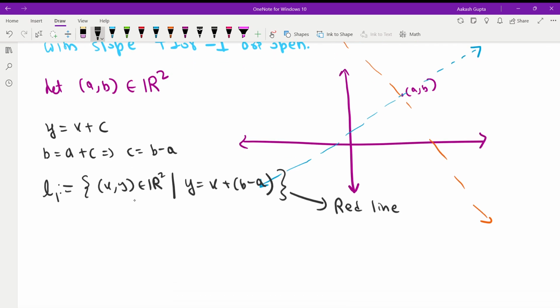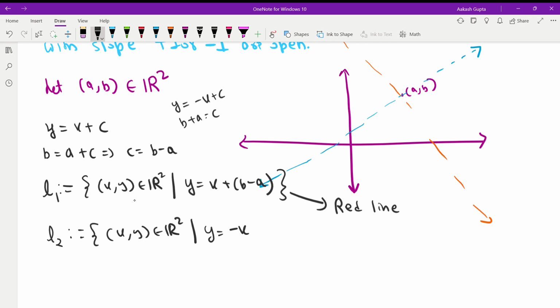Similarly, define L2 as all (x, y) in R2 such that y equals minus x plus c, and if (A, B) satisfies this, c should be B plus A. So y equals minus x plus B plus A. This is precisely your blue line in the above picture.